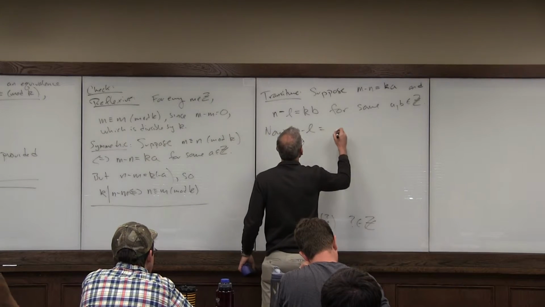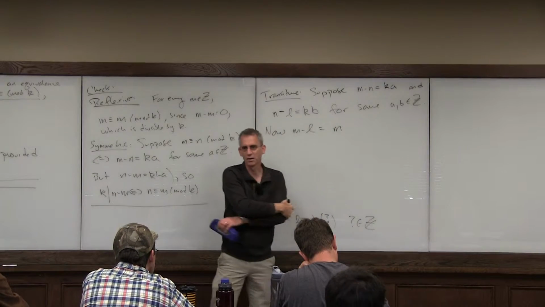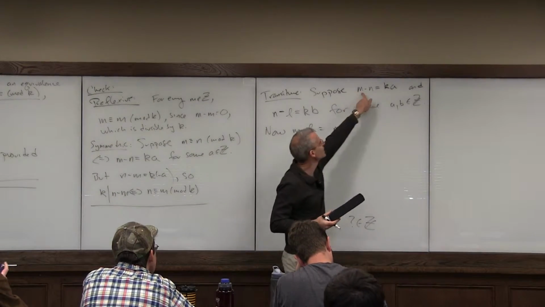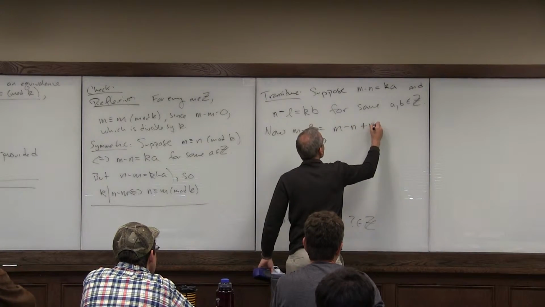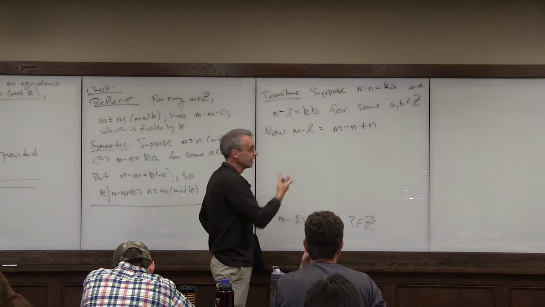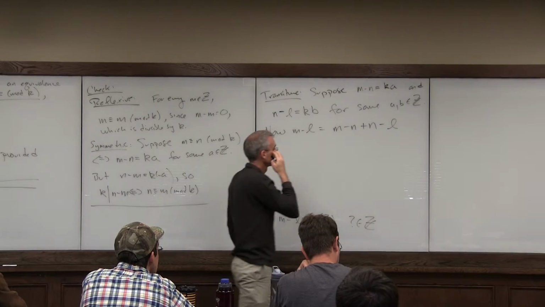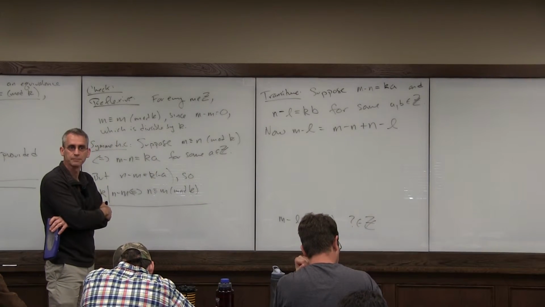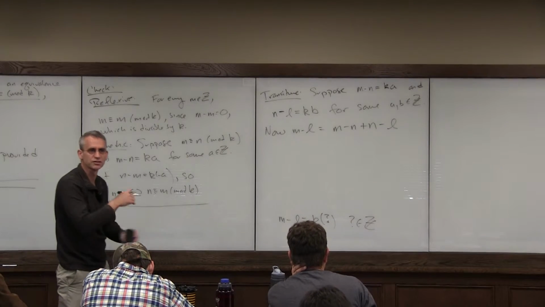So equals, and how am I going to put it back in there? I'm after m minus n, so why don't I subtract the n and then add the n back in, right? And lo and behold, I have m minus n, and then I have n minus L, right? And now I just collect stuff, right?